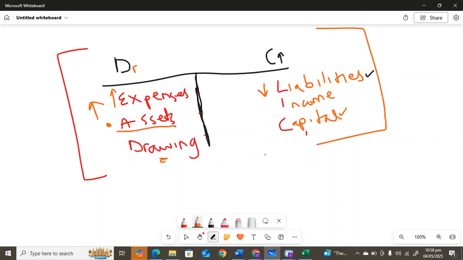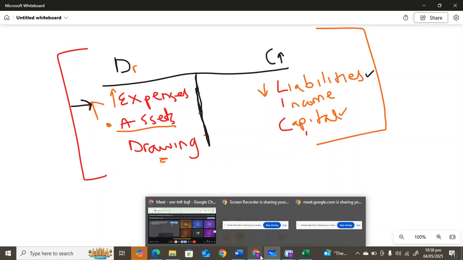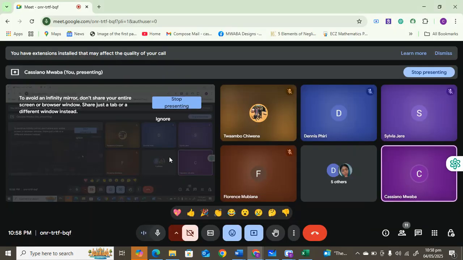Then purchase returns is a contra expense account. That's why in the trading account, you see where you deduct purchase returns. Purchase returns reduce the purchases expense, so it's a contra expense account.